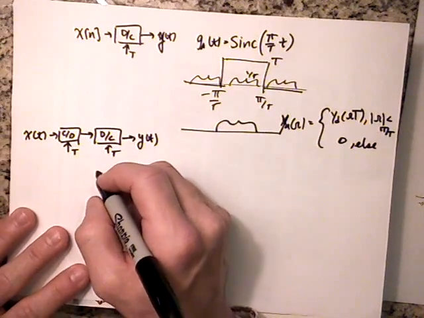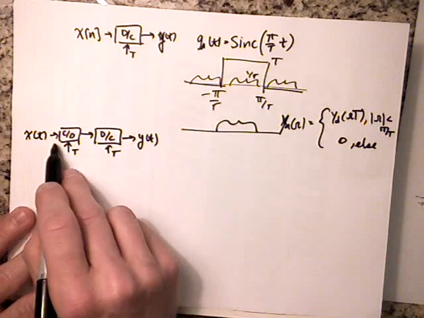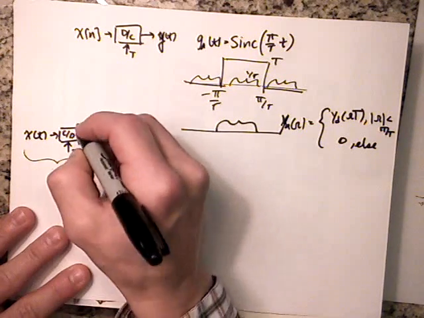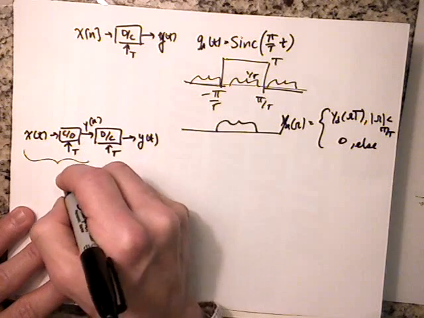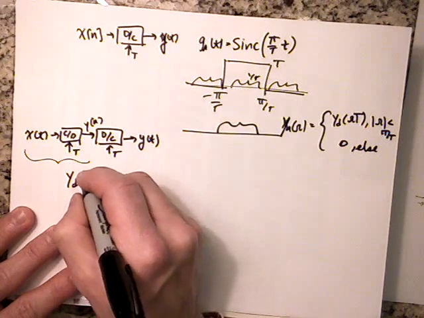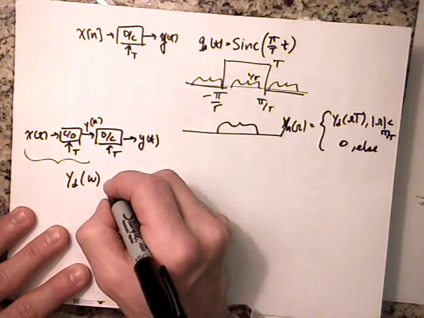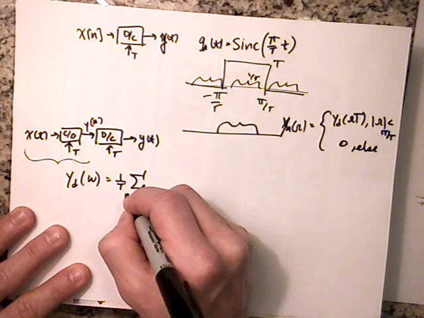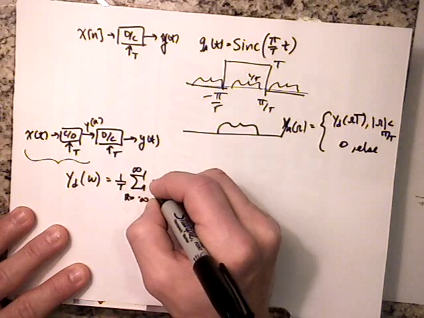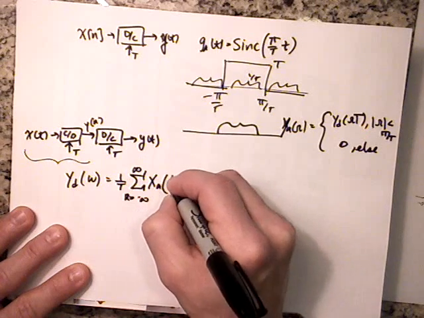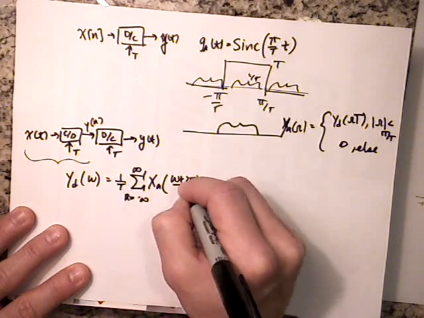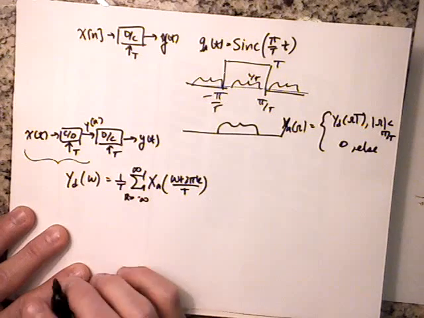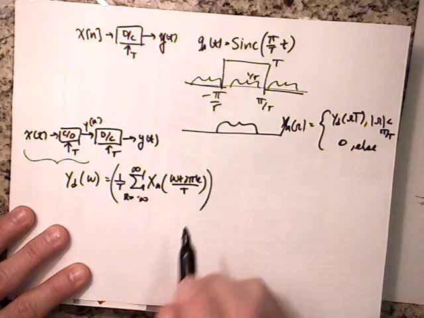We know that if I do this sampling, this part will give me a discrete time signal Y of n whose DTFT, Y_D of omega, is 1 over T times the sum of X_A of omega plus 2 pi k over capital T. That's my DTFT.